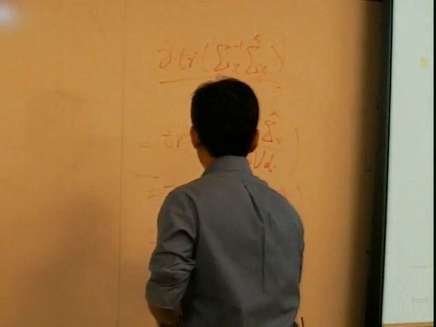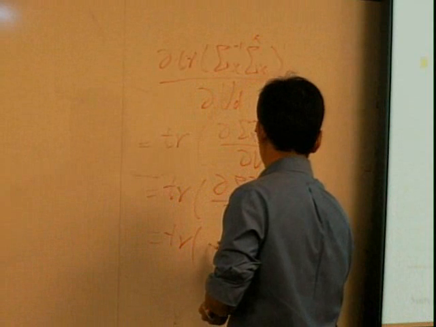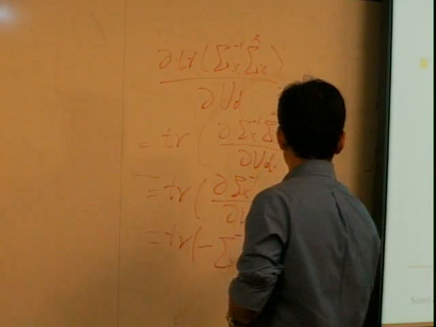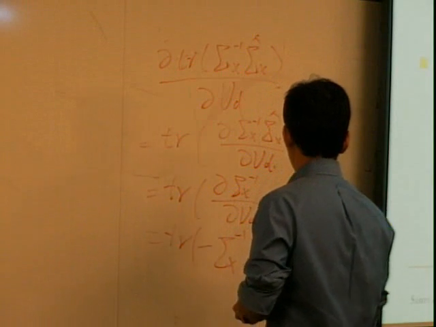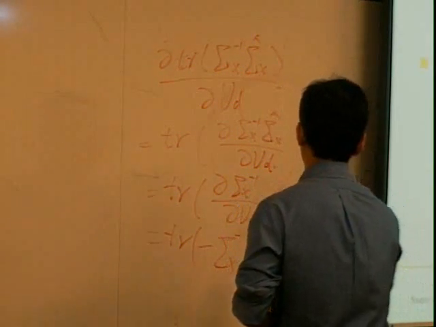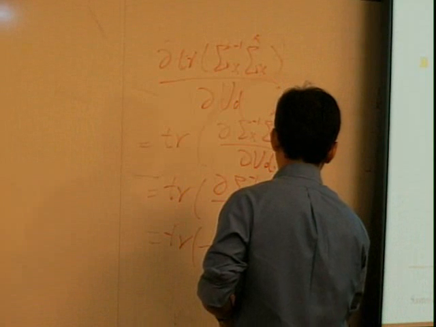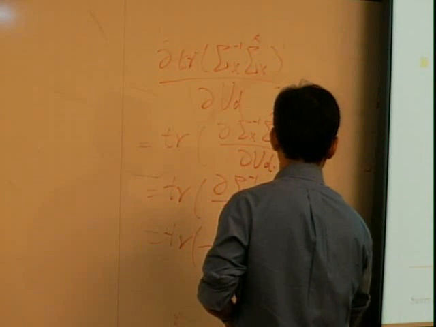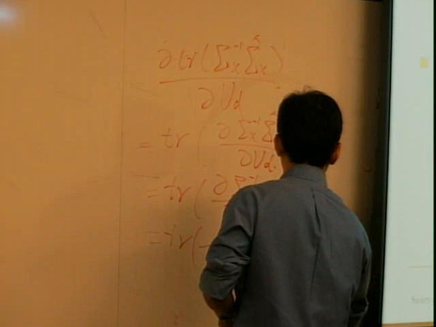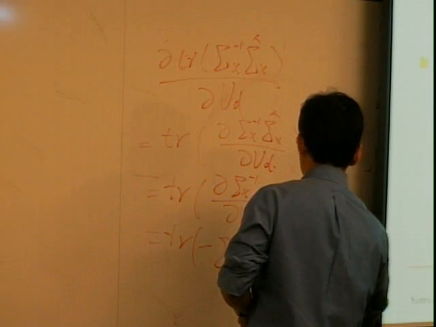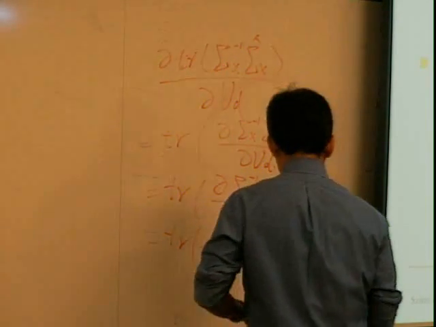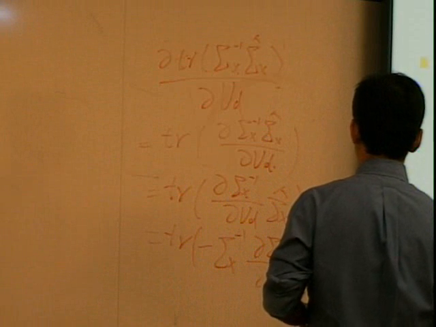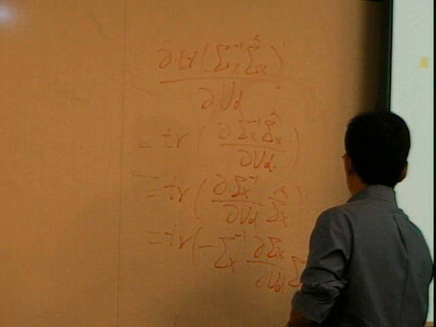It turns out that it's equal to minus the inverse of sigma x times the partial derivative of sigma x with respect to UD, and then the second copy of the inverse. That's very similar to the one-dimensional functional derivative, and then we have the rest.